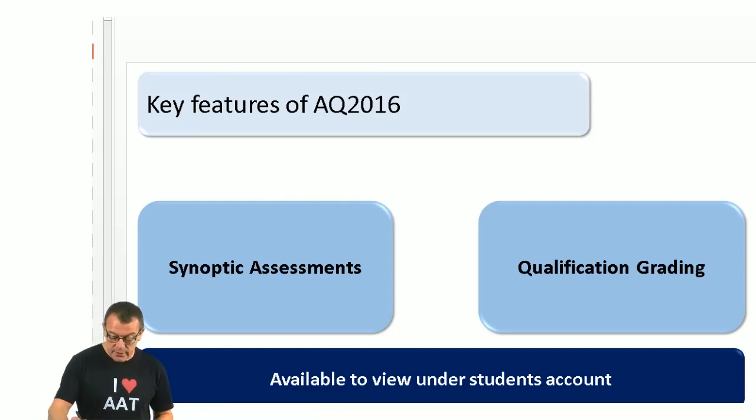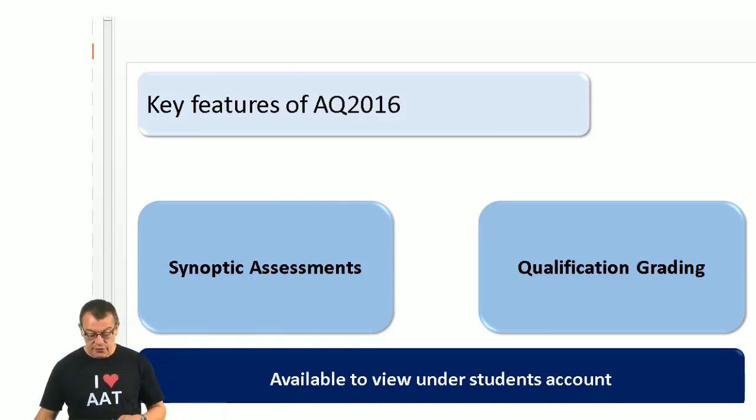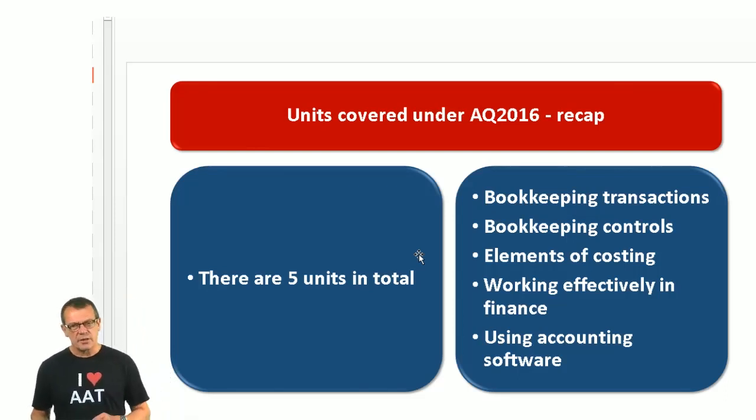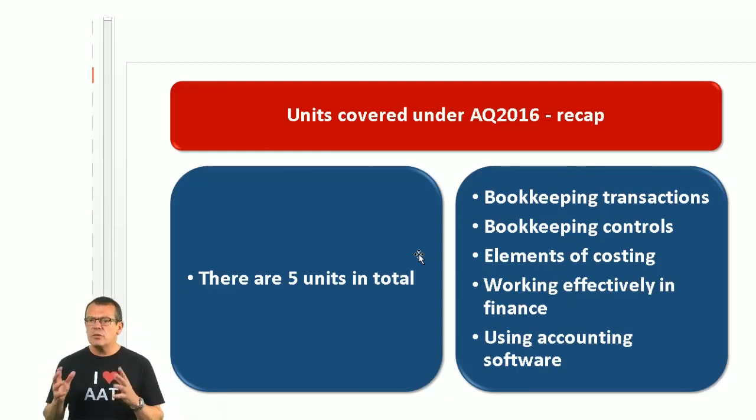Now I'd like to take this a stage further and cover the units that you can expect to see under the synoptic assessment at level 2. At level 2, there are 5 units in total that you will be studying.